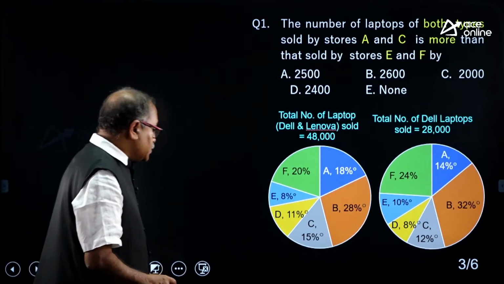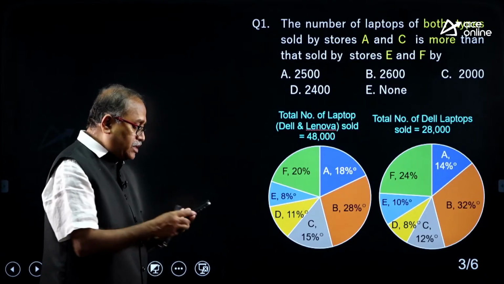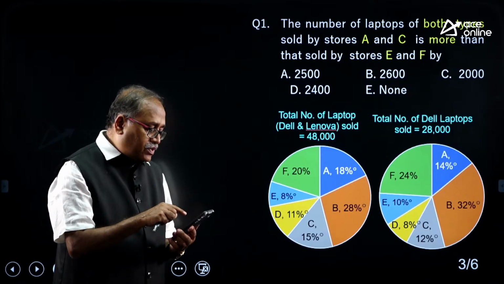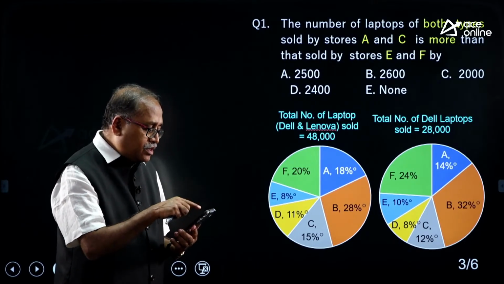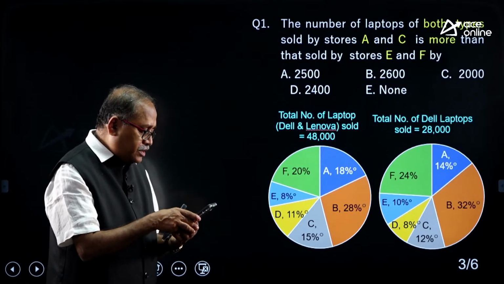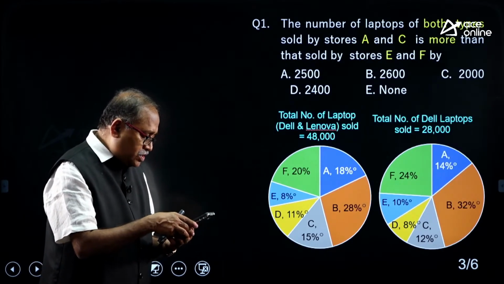What kind of questions were there? This is the very first question that was there in the exam, my dear friends, and let us see what question this was. Okay, let me just make a small adjustment here on my display part.